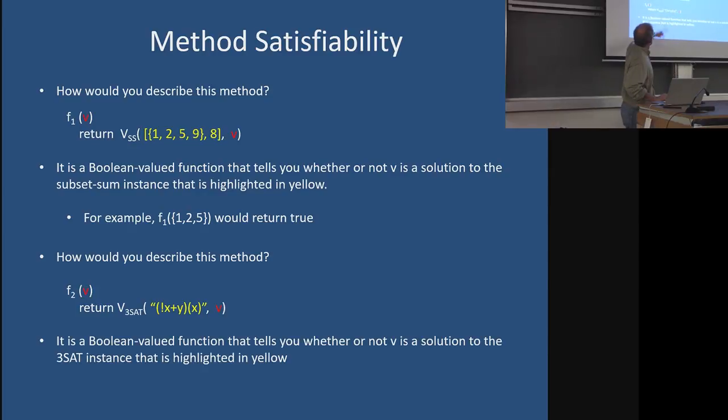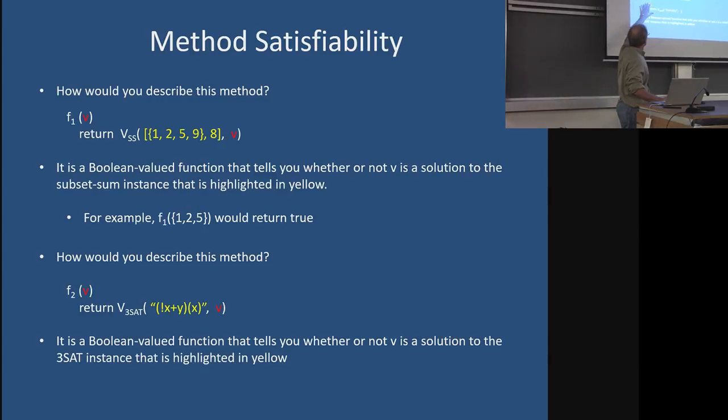So what's the difference between this and just the verification algorithm for 3-SAT? How does F2 differ? F2 encapsulates the instance. The verification algorithm for 3-SAT takes an instance and a solution and reports whether the solution is really a solution.